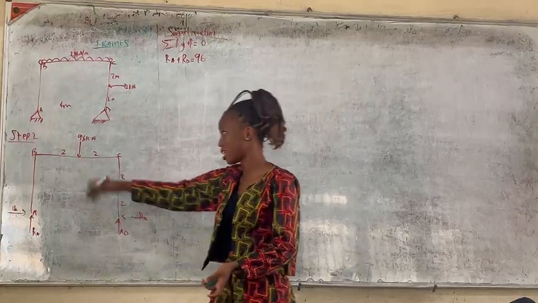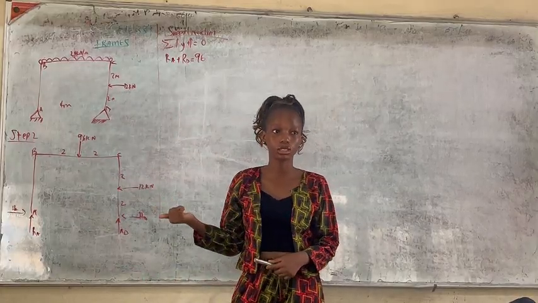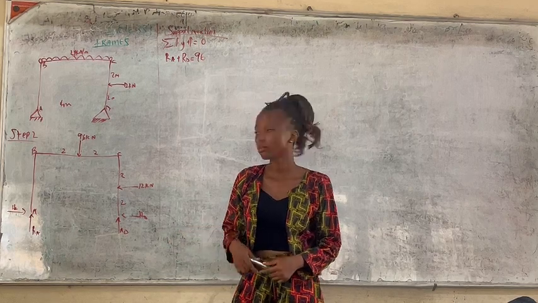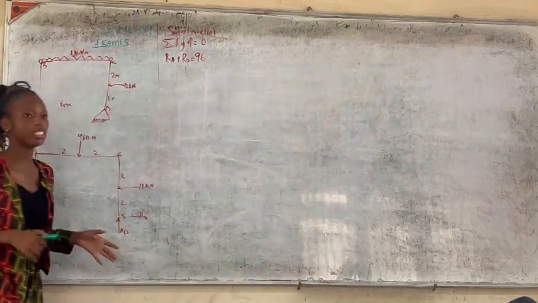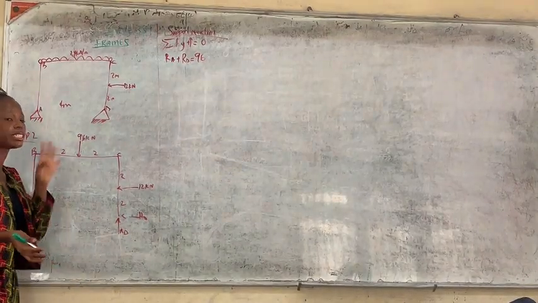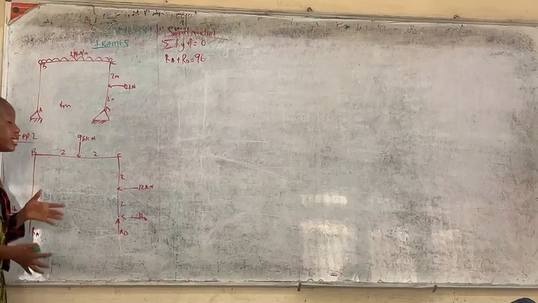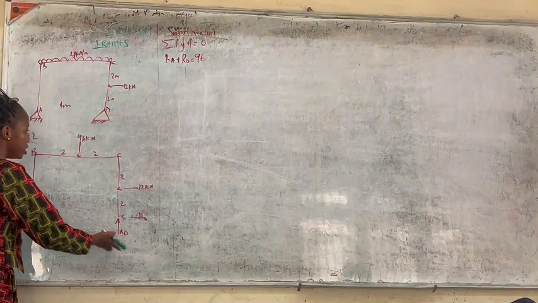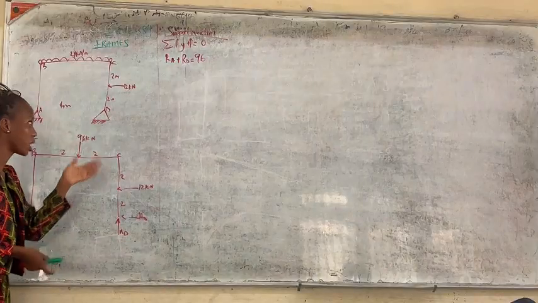Because it's only 96 that is moving in the opposite direction to it. Do you get that? It's at step 4 that you split. At step 2, you are picking it as 1. So RA plus RD equals 96. That's what we have there.